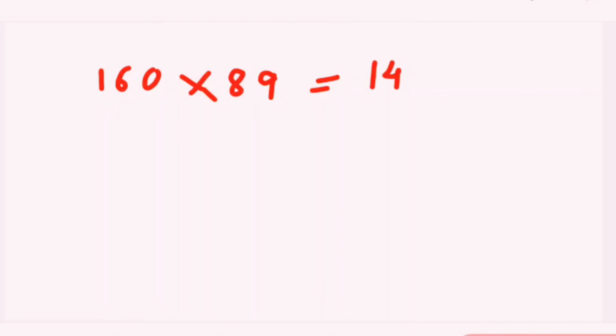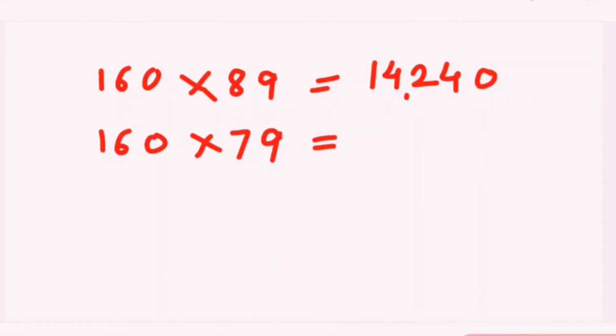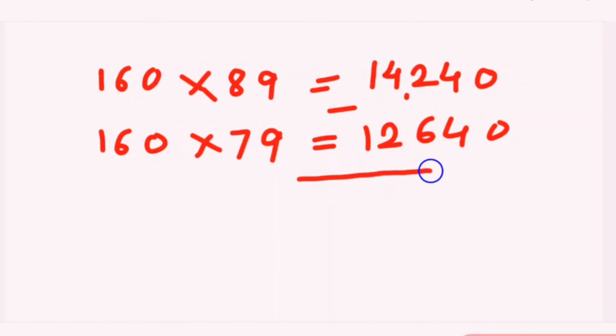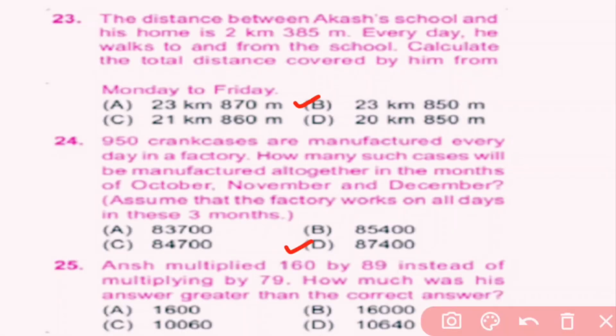His answer is 14,240 and the required multiplication, 160 into 79, is equal to 12,640, and their difference will give the answer by which it is greater than the correct answer. So A is the right answer.